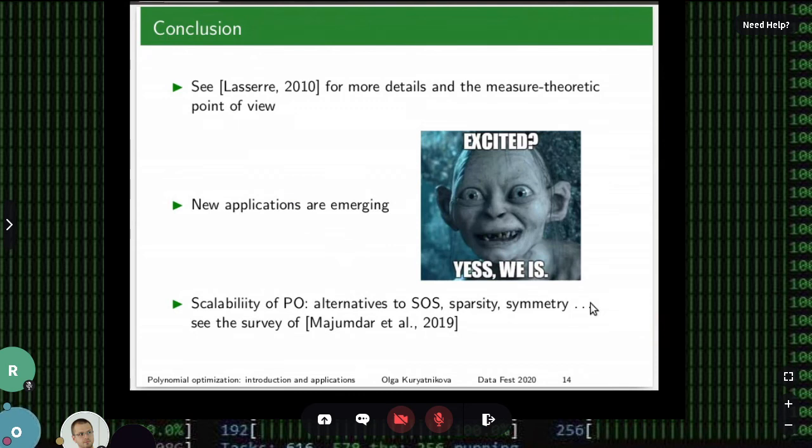And this is another popular way to deal with this type of problem. If you are more into statistics, more into the measure theoretic approach, then I would advise you to read this book, which will also be in the list of literature, which basically connects all three concepts: polynomial optimization, sums of squares, and optimization problems over certain types of measures. Because these things are, in a way, the same question.